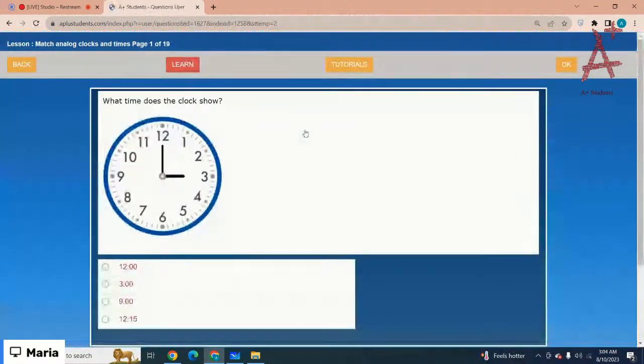What time does the clock show? Which is the correct option? The shorter one is the hour hand and the greater one is the minute hand. The shorter one points to 3.